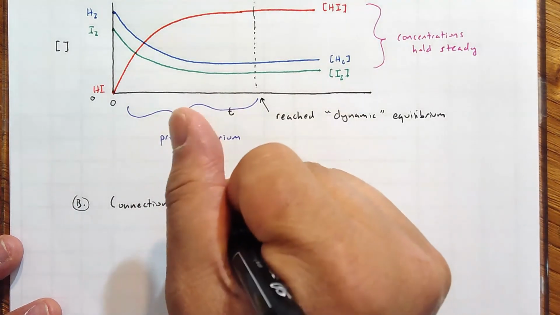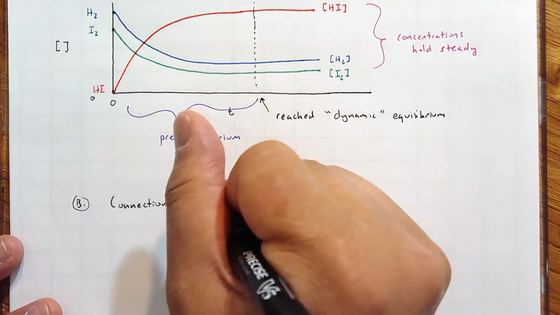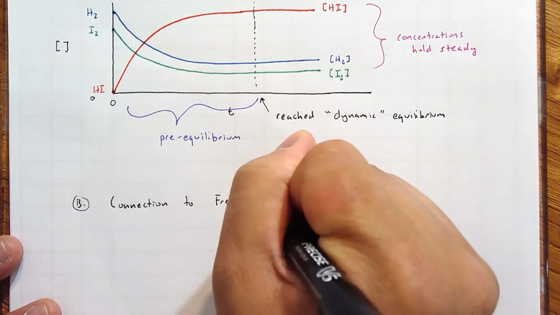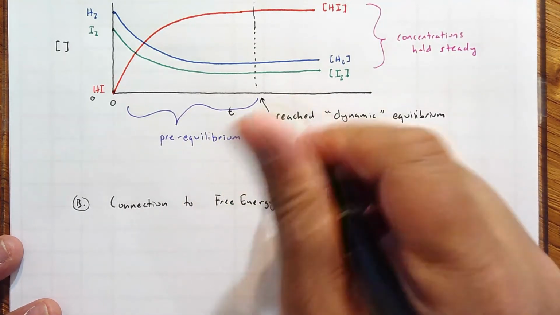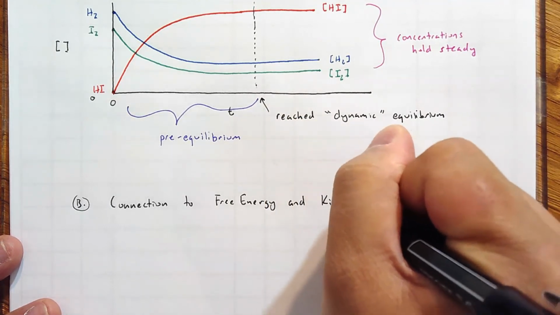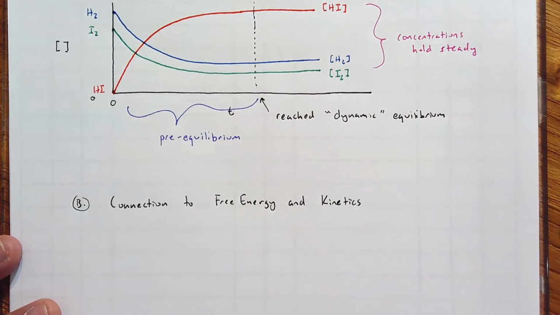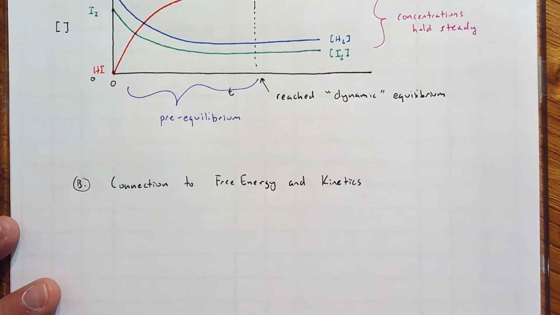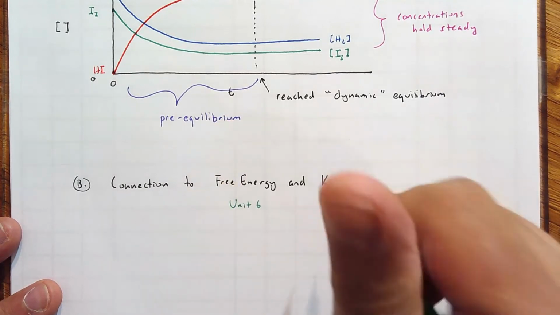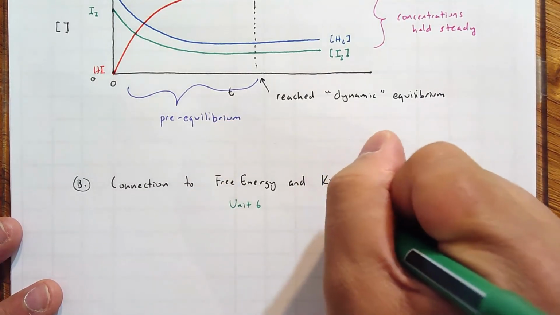So connection to, let's say, free energy and kinetics. If you recall, the free energy unit was unit 6, the previous unit, and kinetics was unit 5, 2 units ago.